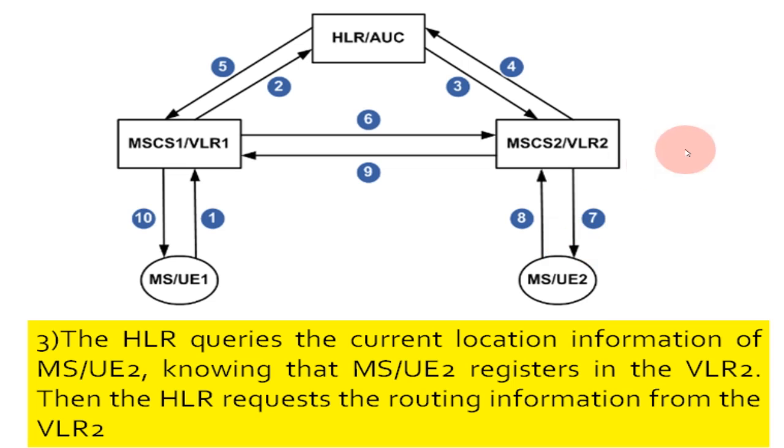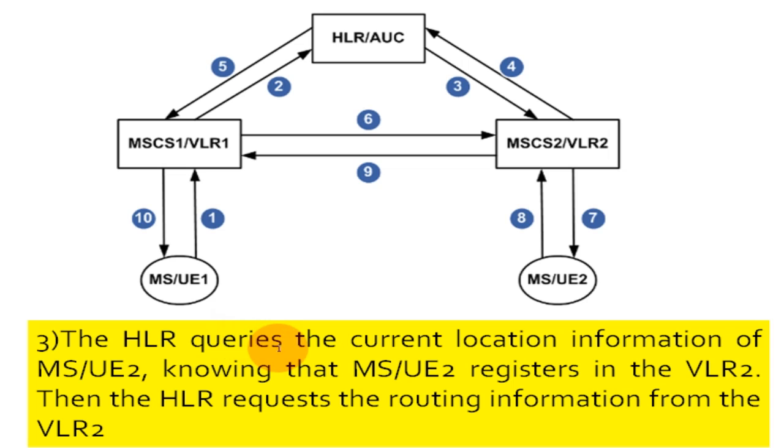There can be many MSC/VLRs in that same public land mobile network. If we have about 3 or 4, this HLR is going to query the location of MS2. In this case, for example, it happens that MS2 is registered in the VLR of MSC2. In fact, MSC2 and VLR2 are linked together, so it is sometimes a bit difficult to differentiate, but that is not what is important here.